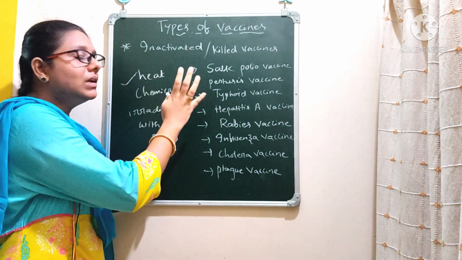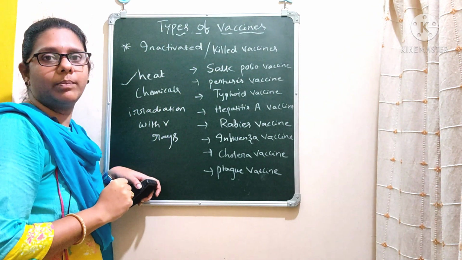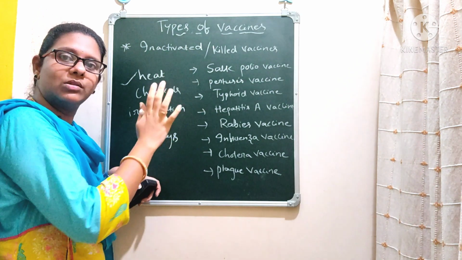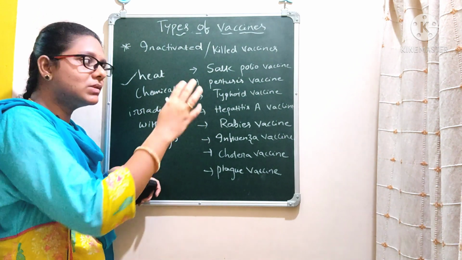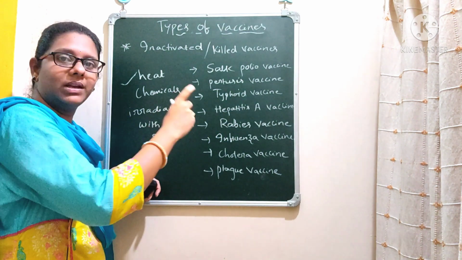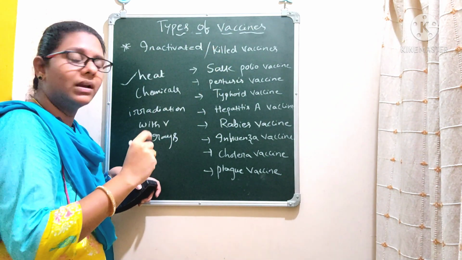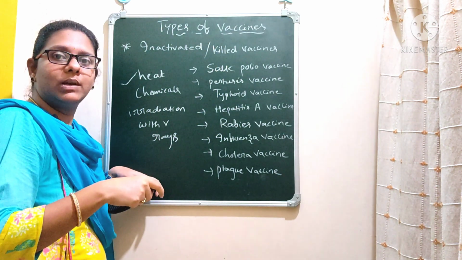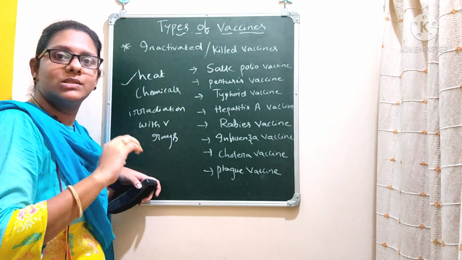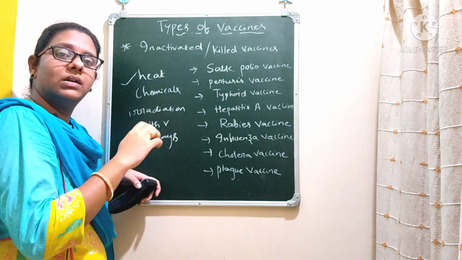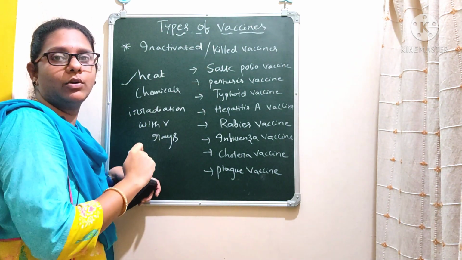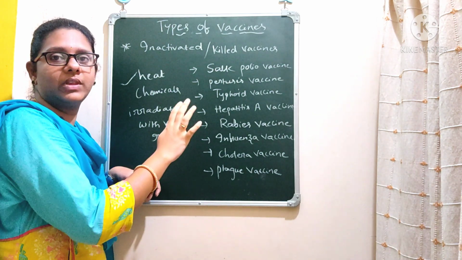Because we need to maintain the structure of the epitope on the surface of an antigen, right? If that structure is not maintained, then when we introduce this pathogen into our body, it should be recognized by our immune cells, right? Specific antibodies will be produced and these specific antibodies will go and react with the specific antigen, right? So for that reason, we need to maintain the structure of the epitope on the surface of the antigen.